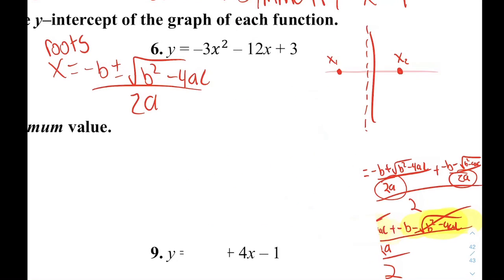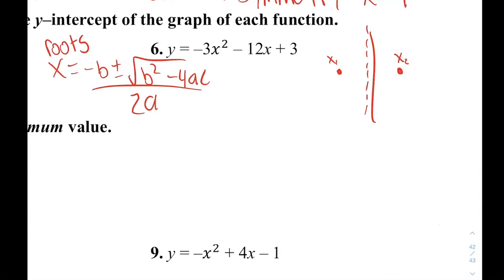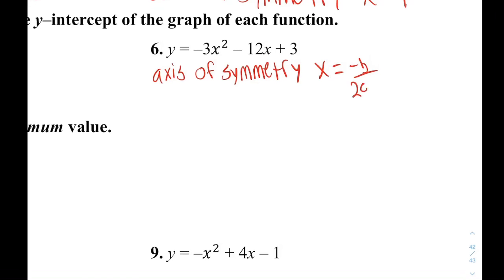That's just to prove it to you where this formula comes from. So if I'm going to find the axis of symmetry, x is equal to negative b divided by 2a. That's our big formula.